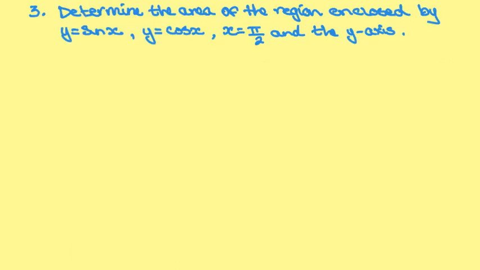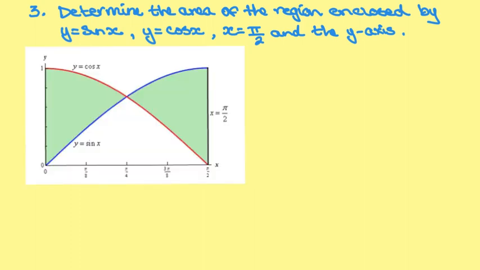Question 3. Determine the area of the region enclosed by the graphs y equals sine x, y equals cos x, x equals pi over 2, and the y-axis. If I draw a diagram of the given information, I will get the following picture. I need to determine the intersection point, and that is found when sine x is equal to cos x.